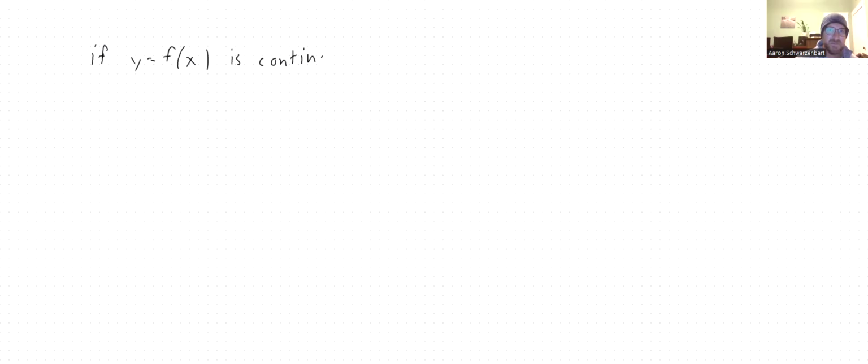Continuous for every point on the interval AB. So this is just 2 x-coordinates. And this is a closed interval, so it includes the endpoints.